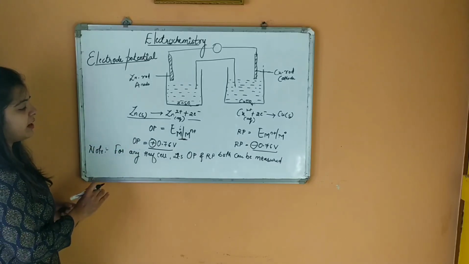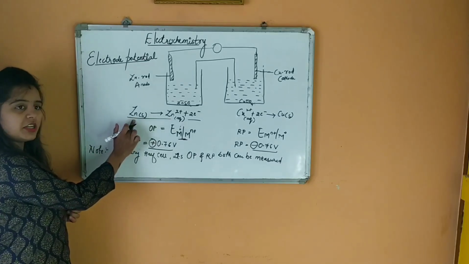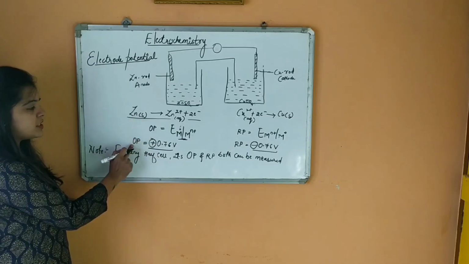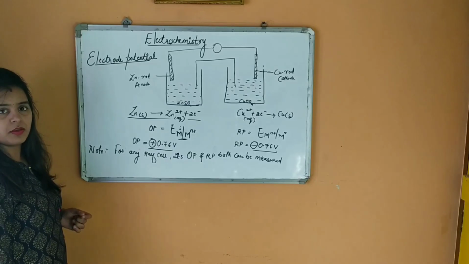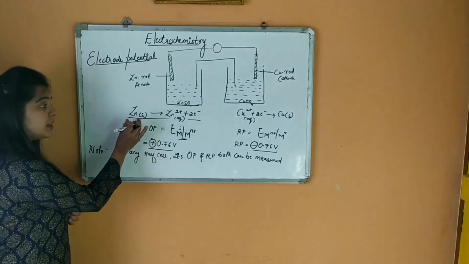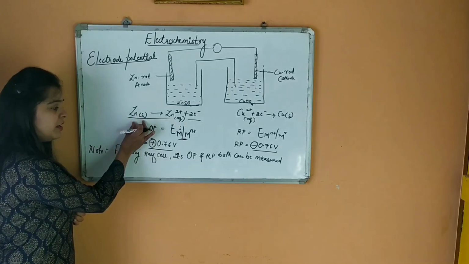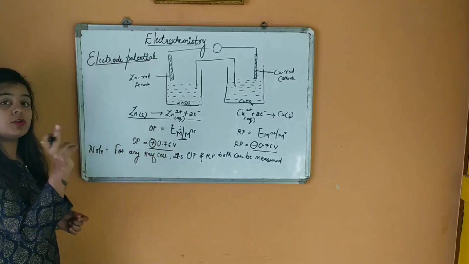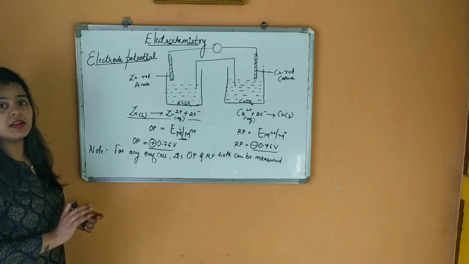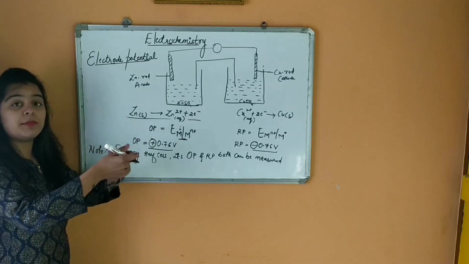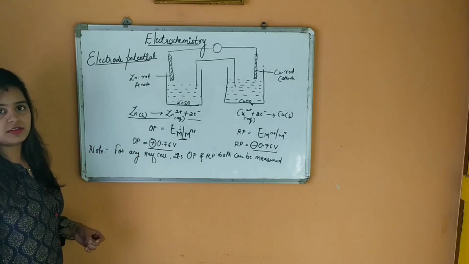I mean to say, this is an oxidation reaction and its oxidation potential is 0.76. Now, for this particular reaction, reduction potential also can be calculated. The only problem is then the half cell becomes non-spontaneous.